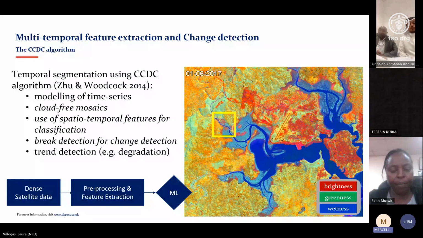And therefore, you can see the changes between time 1 and time 2. In this context, we were looking at the different changes in terms of brightness, in terms of greenness, and also in terms of wetness. Next slide, please.